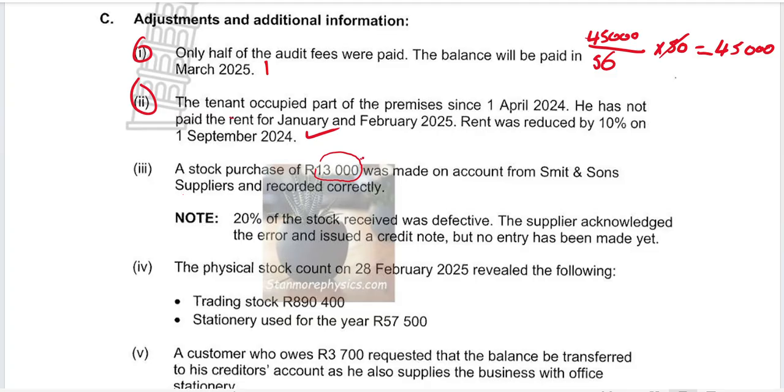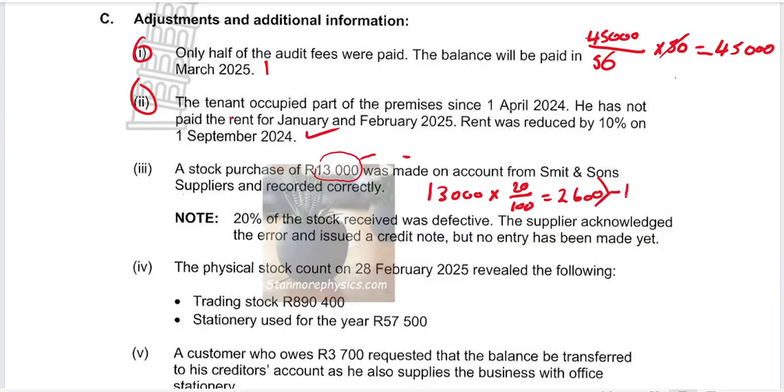So what we're going to do is reduce the amount that we are owing him. We say 13,000 multiply by 20 over 100. We get 2,600. This 2,600 is the amount that will reduce.